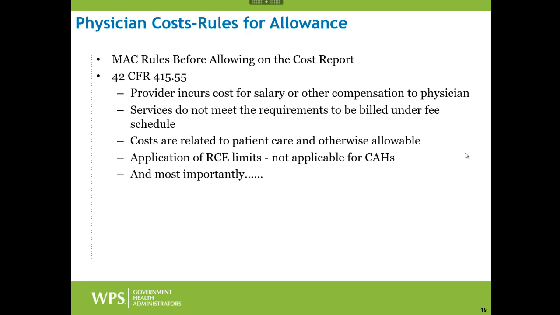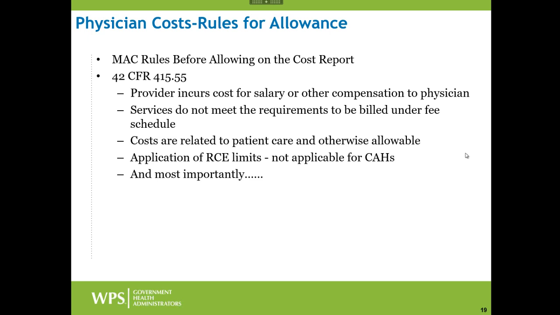So now we're starting to dig into some of the requirements and the regulations in the manual. The first part was really more of an overview. Now we're digging into what is allowable and why. So we're looking at some of the MAC rules, or Medicare rules in this case, actually, before a cost can be allowed on the cost report. We'll start with the regulation 42 CFR 415.55.